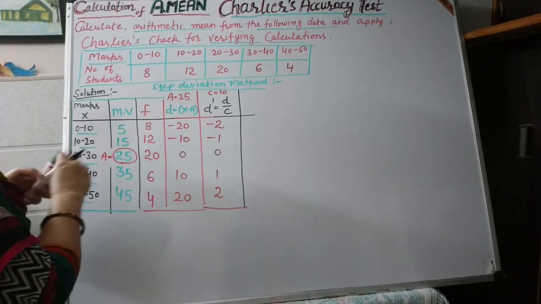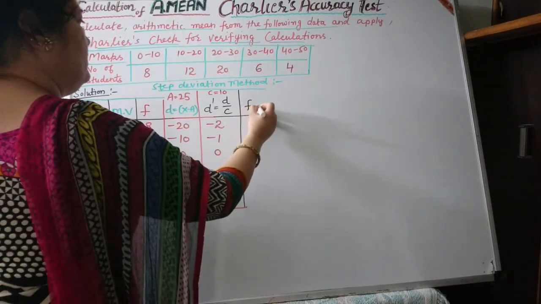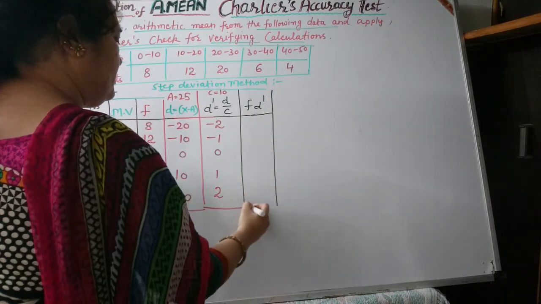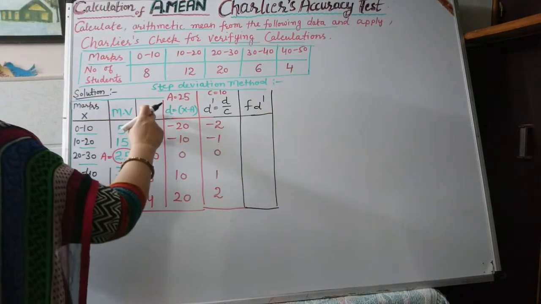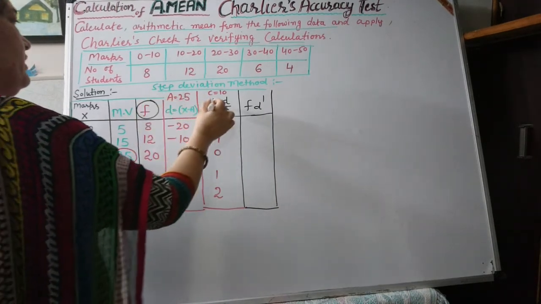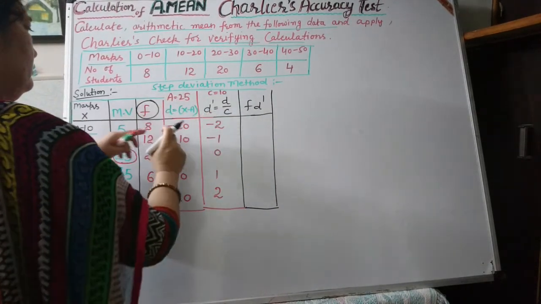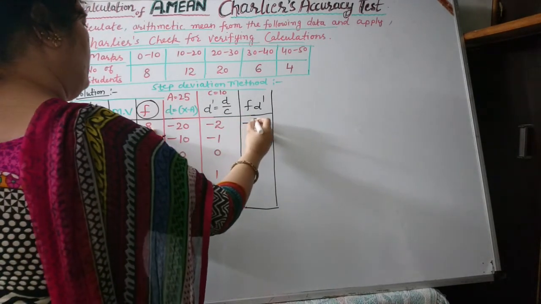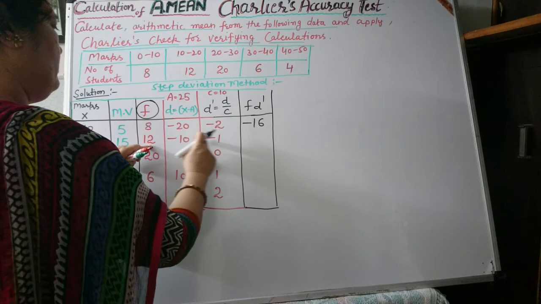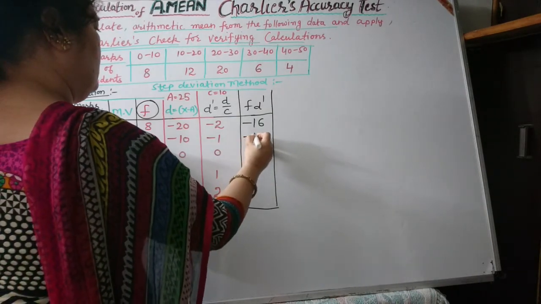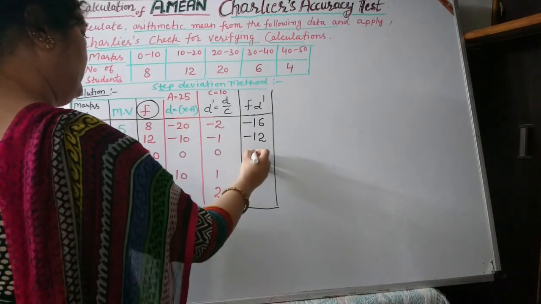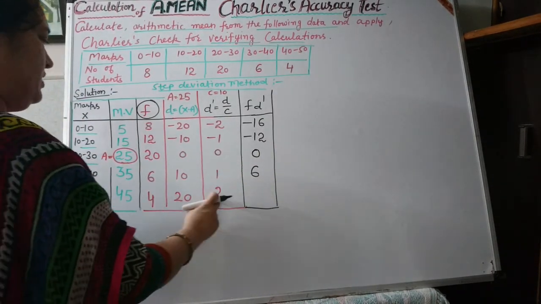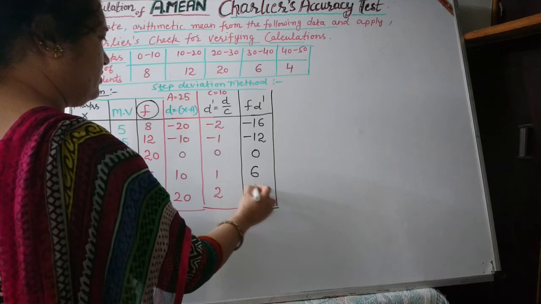Then next we have to calculate f D dash. For the calculation of f D dash, frequency will be multiplied by D dash. 8 multiplied by minus 2, minus 16. 12 multiplied by minus 1, minus 12, then 0, 6 multiplied by 1 is 6, and 4 multiplied by 2 is 8.